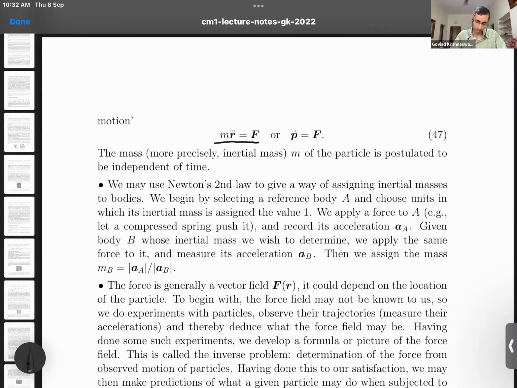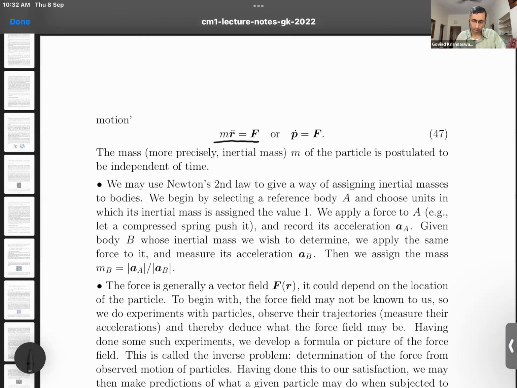One is to regard this as the force determining the motion of the particle. This is the canonical viewpoint. So the force is specified or somehow given to you, and your job is to find the acceleration of the particle from it, and thereby integrate it and find the velocity as well as the position of the particle at any instant of time.